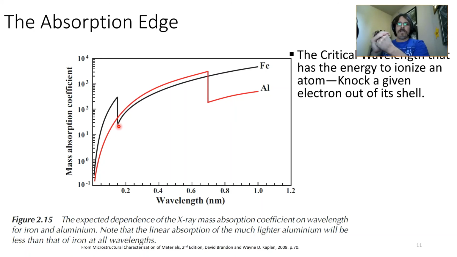What that means is you've knocked this electron out of the way, so it's kind of like the battle droids going through the Gungan shields in Episode 1. That X-ray is going to be able to pass through pretty easily. So now the X-rays are passing through, so it's not a good absorber anymore. And then it takes a little while for it to recover its behavior in terms of wavelength.